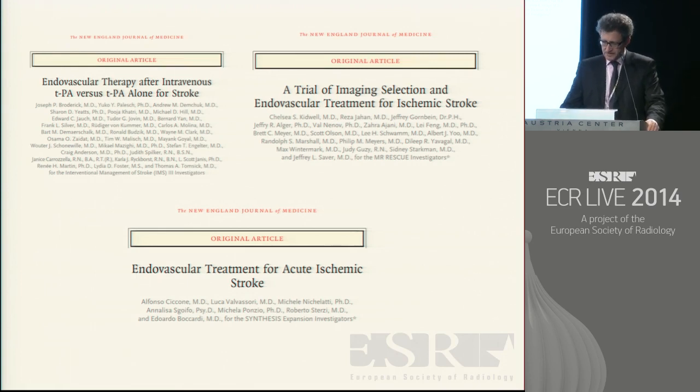The problem is these 3 trials, which are highly cited in many papers, are outdated. They use mixtures of thrombolyses, different instruments, long time windows, and they are not reflecting the actual situation of treatment of stroke. So everybody who is involved in interventional stroke treatment is convinced that they do not reflect what we do for the moment.